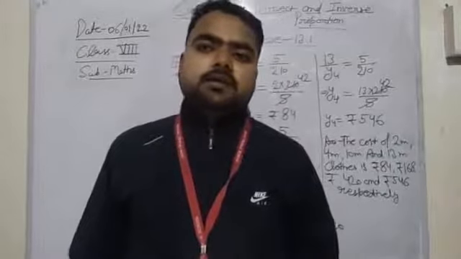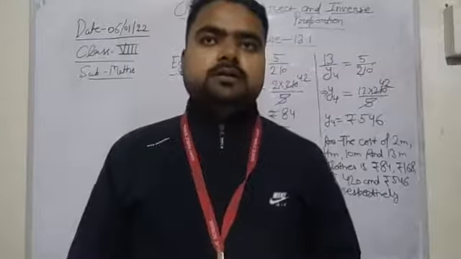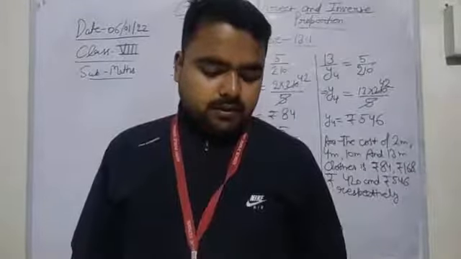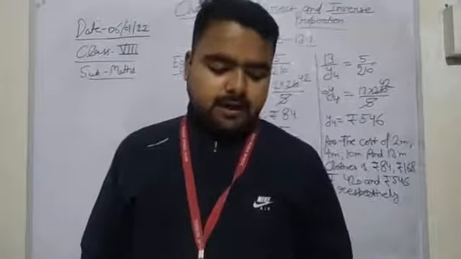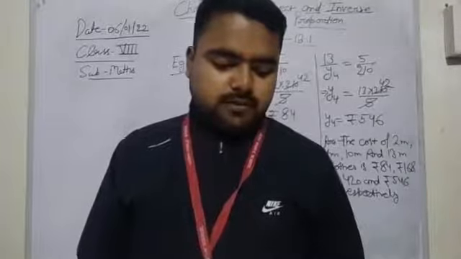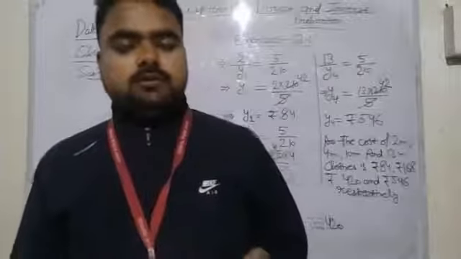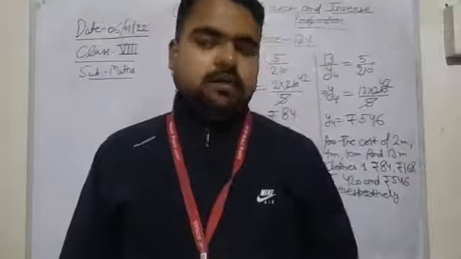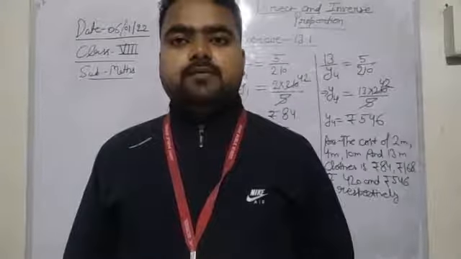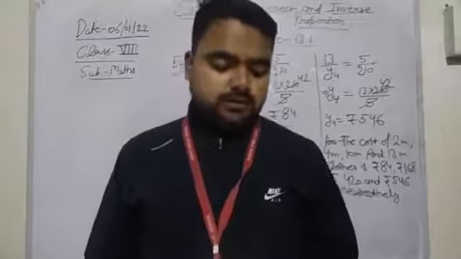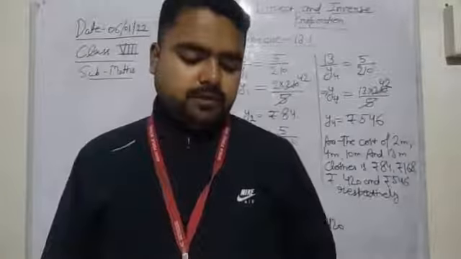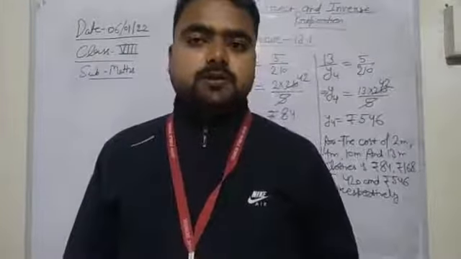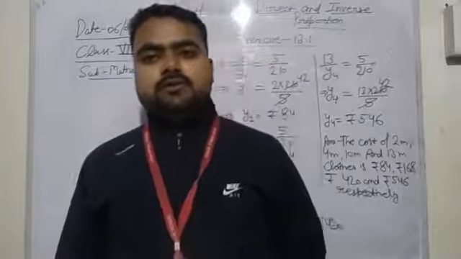Here we make a table: height of the object in meters and length of the shadow in meters. It is directly proportional, height with the shadow cast. So 14 upon 10 is equal to x upon 15. Then we have the value of x as 21. So the height of the tree is 21 meters.